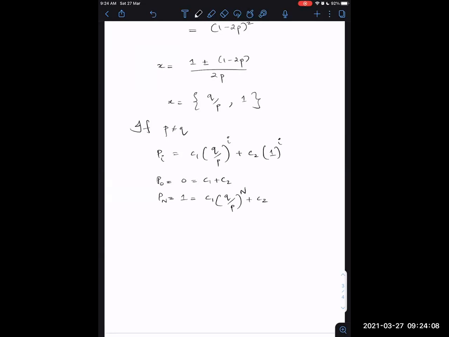From the first equation, you know that C1 equals minus C2. Substituting it in the second equation, you will get 1 minus (q over p), the whole to the power n. So these are the boundary conditions.